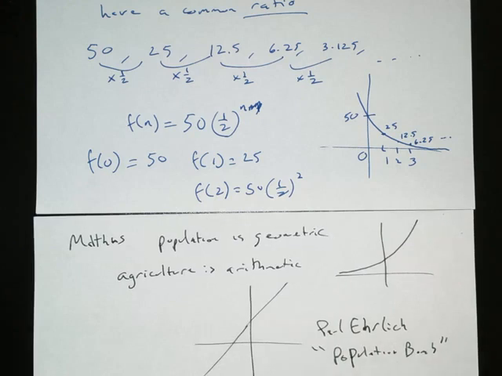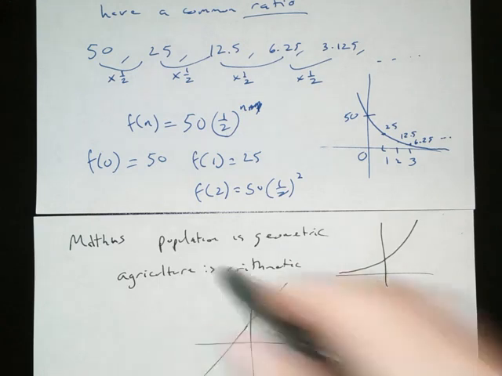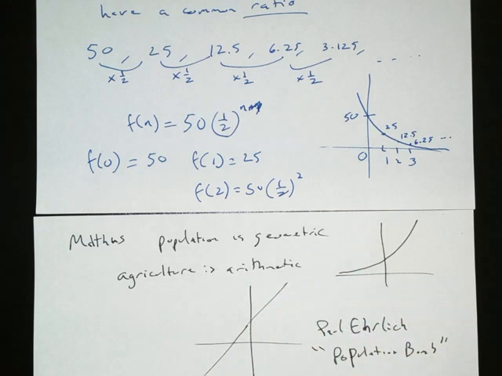And Ehrlich was convinced that we were going to overpopulate the planet and cause massive famines. He was right. Ethiopia and a large portion of sub-Saharan Africa went through huge famines in the 70s and 80s. But then again, we changed the way we were going to do farming, and all of a sudden we were able to feed people.